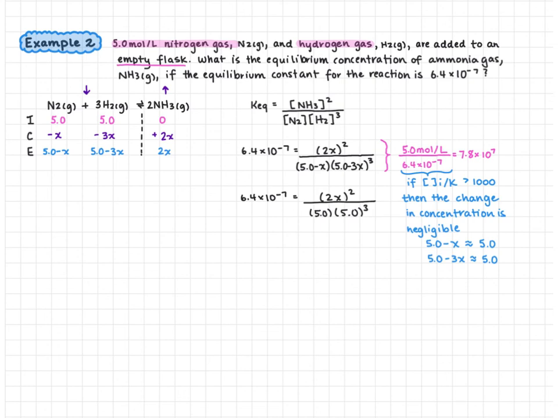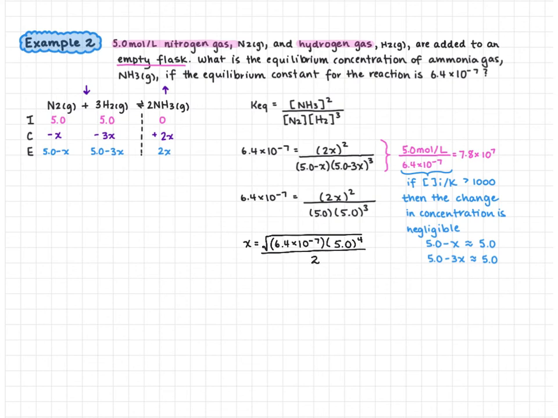So next up, we're going to rearrange this equation for x. So x is going to equal 6.4 times 10 to the negative 7 times 5.0 to the 4th. And we'll take the square root of those numbers, then we will divide by 2.